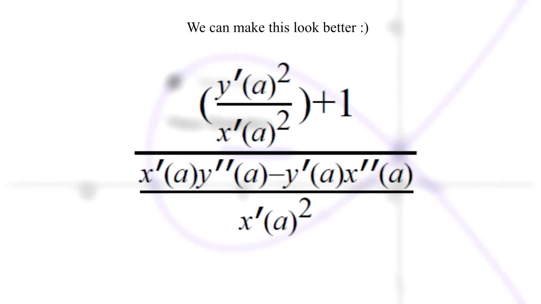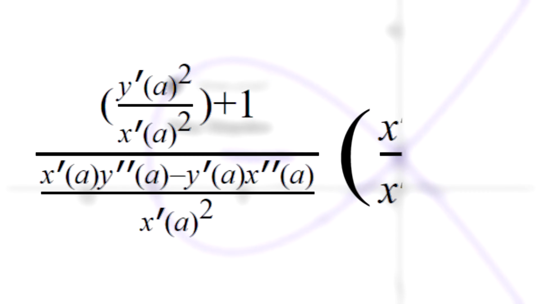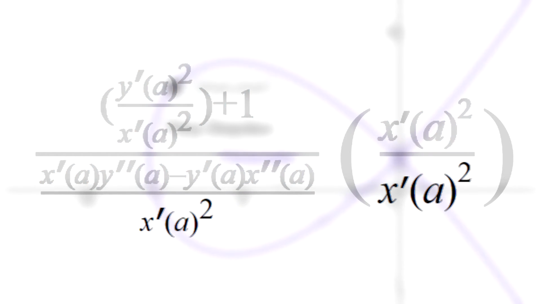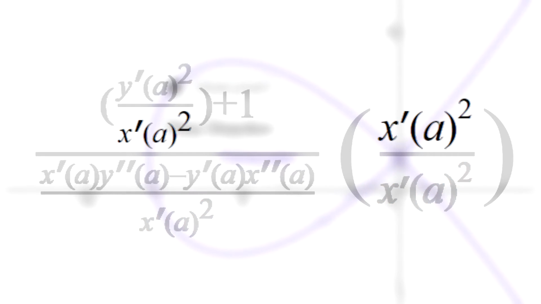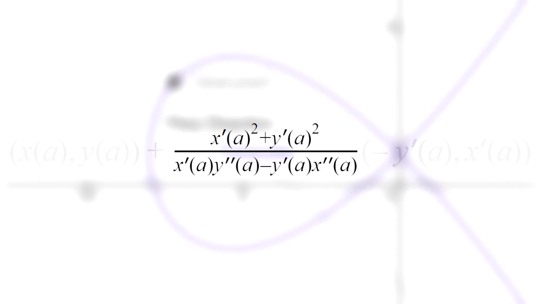But you know what? We can organize this. The simple organizer is by multiplying both numerator and denominator by x prime a squared. Doing so gets rid of the x prime a squared on the lower denominator, gets rid of the x prime a squared under y prime a squared, and turns this numerator 1 to x prime a squared, ending up with this simpler fraction. And this simpler fraction, folks, is the factor of the second term.